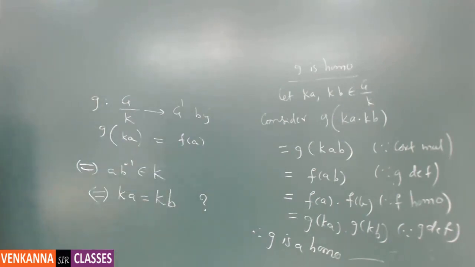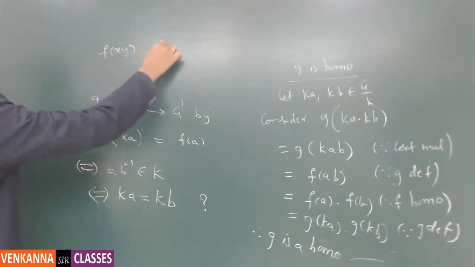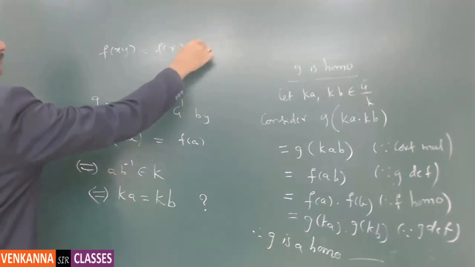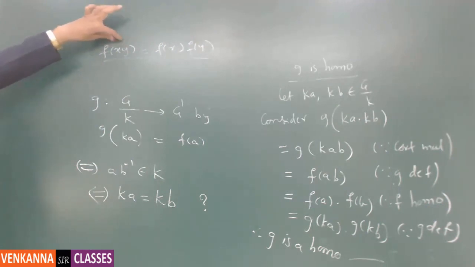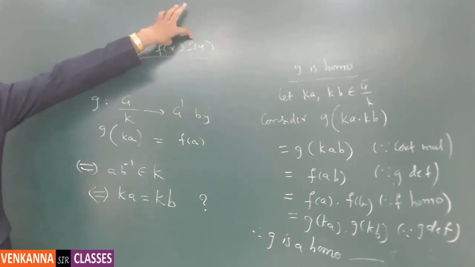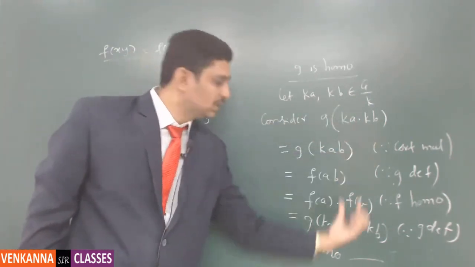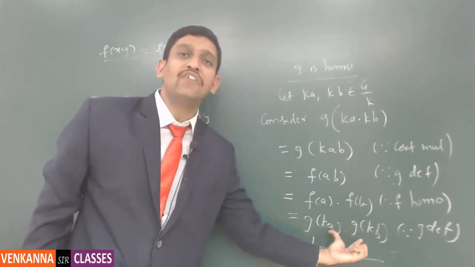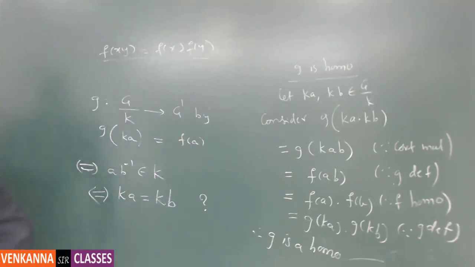What is the definition of homomorphism? We have to show that f of xy is equal to f of x into f of y. Whenever you take the product of two elements inside, it is equal to the individual product. So this is the product of two elements, and it is equal to the individual product. Therefore, it is a homomorphism. Clear?